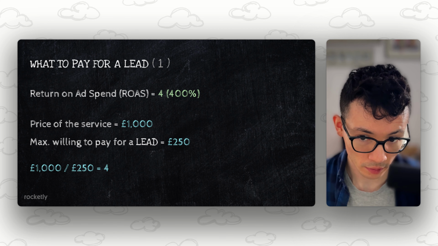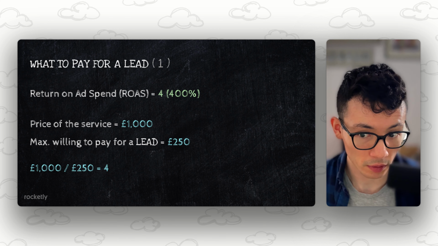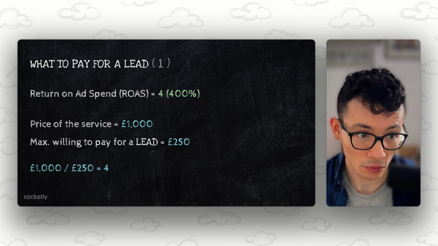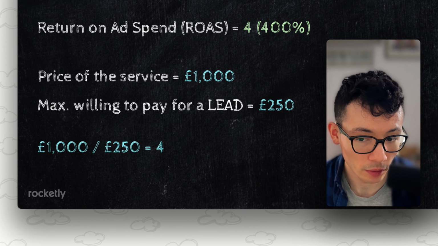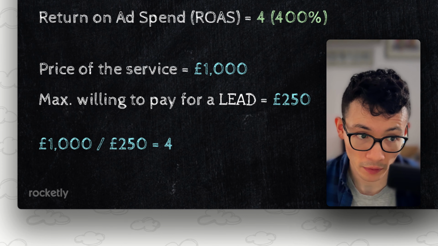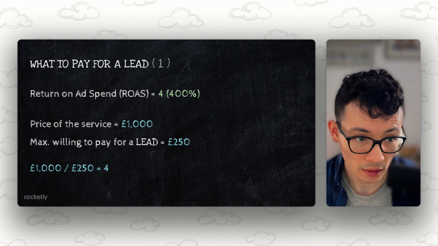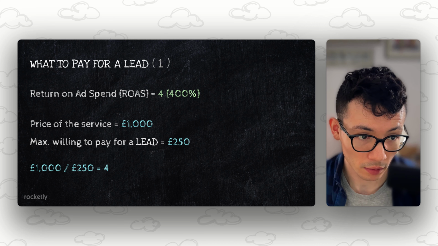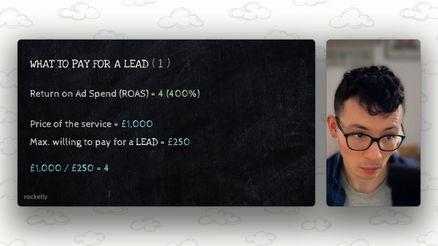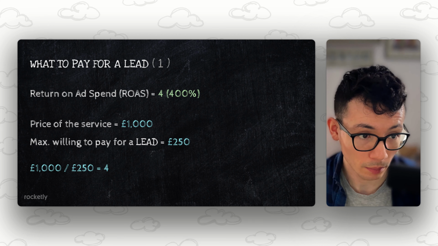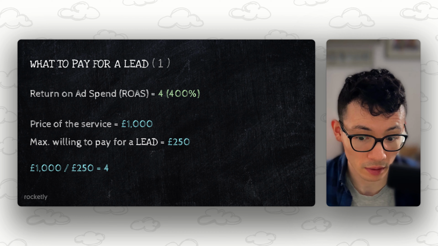If we take the price of the service, which was £1,000, and the maximum we're willing to pay for a customer, which was £250, and do £1,000 divided by 250, we get a value of 4, which is the return on ad spend that we need to reach for our business, whether that's to break even or to remain profitable. It depends on how you've given the numbers for the answers in the previous slide.